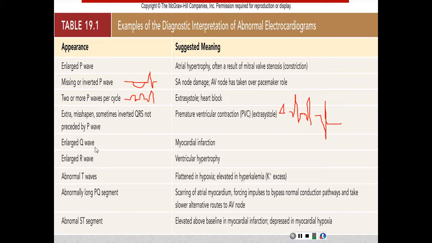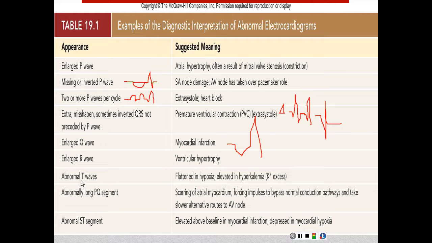So each of these things means something else. An enlarged Q wave: we know the Q wave comes down slightly, but if it's too wide, then we know we have an MI. If our R wave is extremely wide, like this one here, then we know it's atrial ventricular hypertrophy.